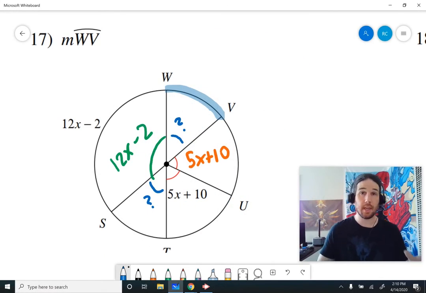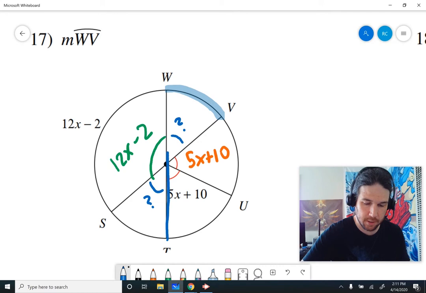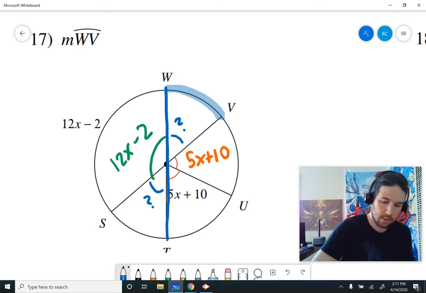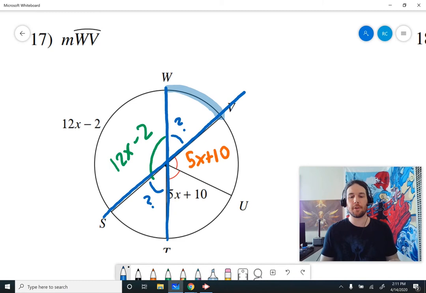Well, it looks to me, and again, this is one of those times when you have to look really hard at the straight lines that are being made. Remember, vertical angles are almost always going to be a thing here. If you look, we've got vertical angles right here. We already knew that they were vertical for the smaller angles, but they are vertical for the larger angles as well.